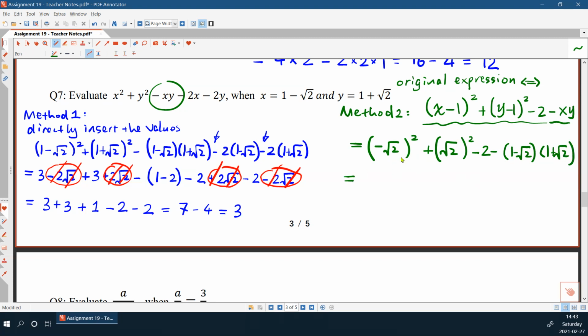And then you will get first term is 2, next term is also a 2, and then minus a 2. And then minus a plus b times a minus b, right? Which is a squared minus b squared. So this actually gives you 2. Okay, so these two cancel with each other, right? Plus 1, which gives you a 3 as the final result.